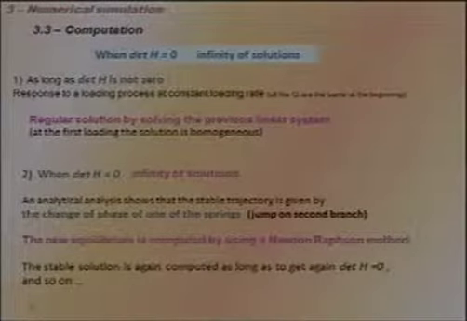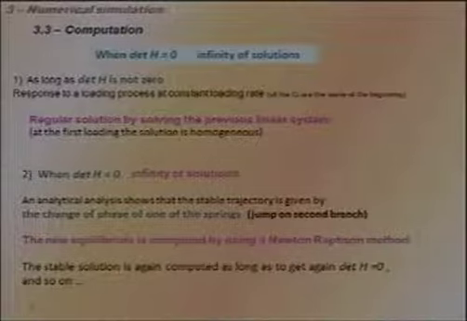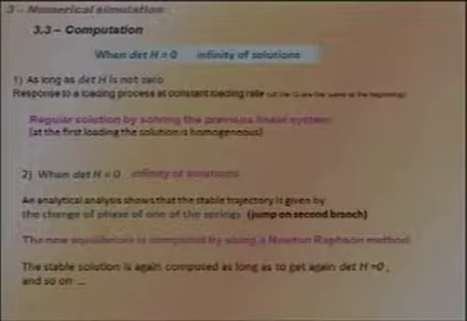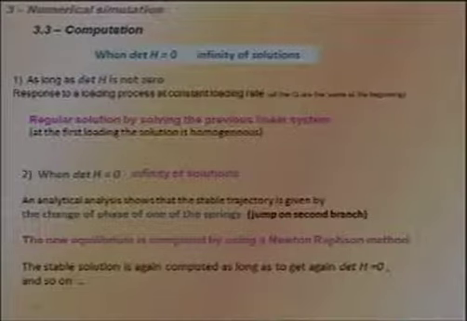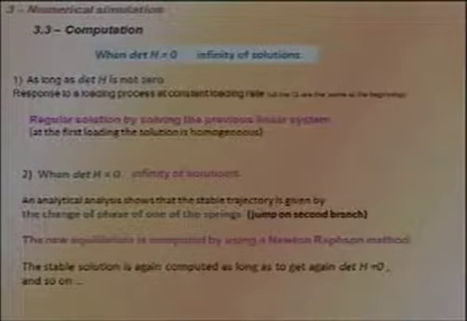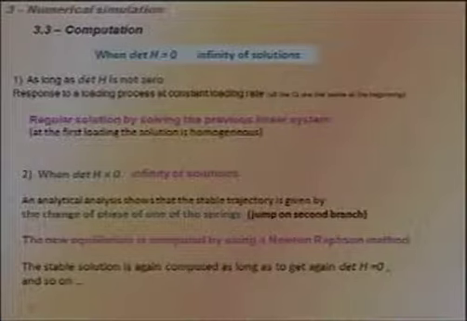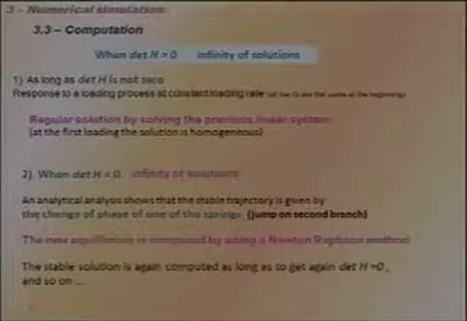When the determinant of H becomes 0, we get an infinity of solutions. So first, as long as the determinant is not 0, we just compute the regular solutions by solving the previous linear system. There are no problems. And when the determinant of H is 0, when we get an infinity of solutions, an analytical analysis shows that the stable trajectory is given by the change of phase of one of the springs.